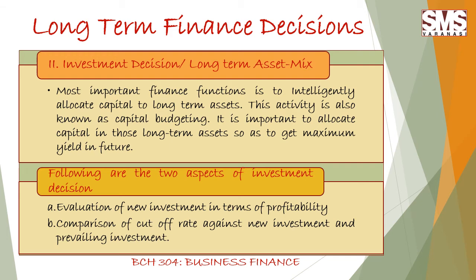The long-term investment decision is known as capital budgeting, and the short-term investment decision is working capital management. So here we will be dealing with the long-term investment decision, and the short-term investment decision we will be dealing with in the working capital decision or the liquidity decision.